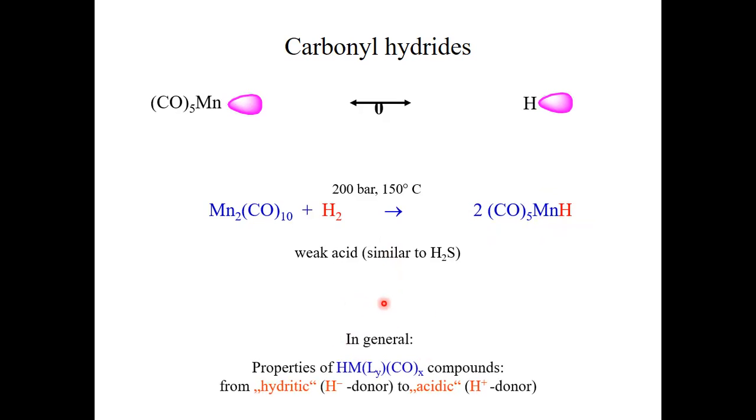So in general, the properties of the hydrido carbonyls can be tuned from strongly hydridic, where the hydrogen acts more like an H- anion, to highly acidic, where the carbonyl hydride acts as a proton donor. And these properties can be tuned by choosing the metal, the number of carbonyl ligands, but also by choosing additional ligands attached to the metal.